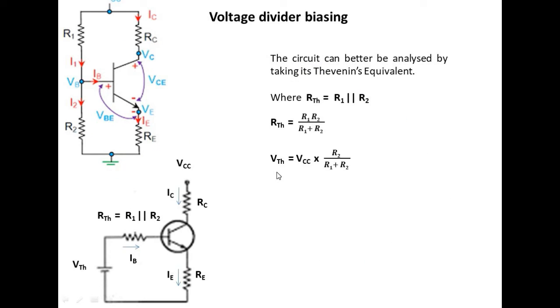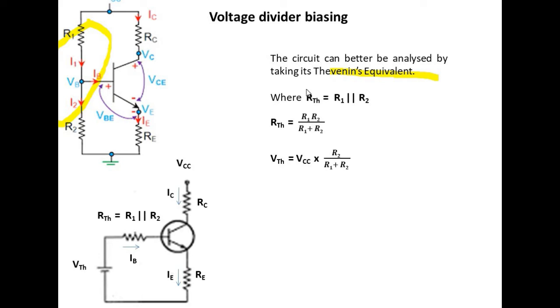Now let us analyze the voltage divider circuit to find the currents. The circuit can better be analyzed by taking its Thevenin's equivalent to the input side. Means we will be applying the Thevenin's theorem to simplify the circuit so that analysis can be made simple.